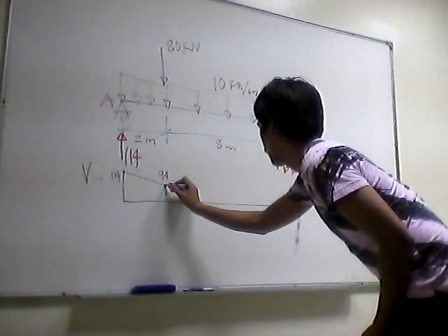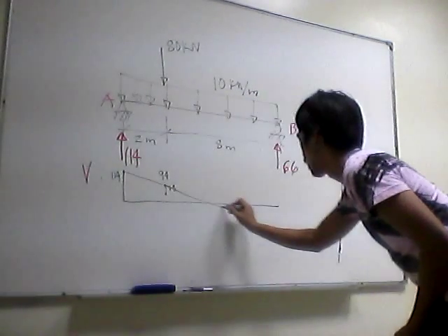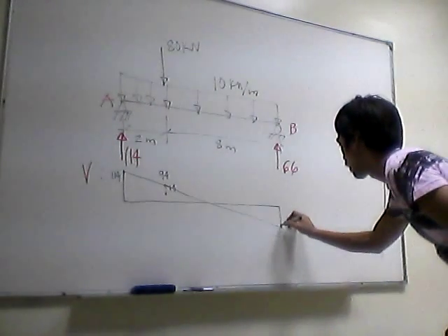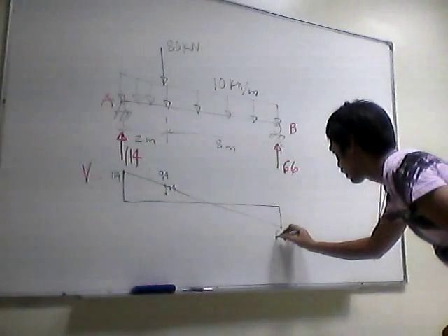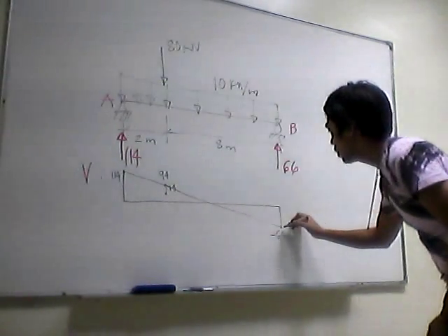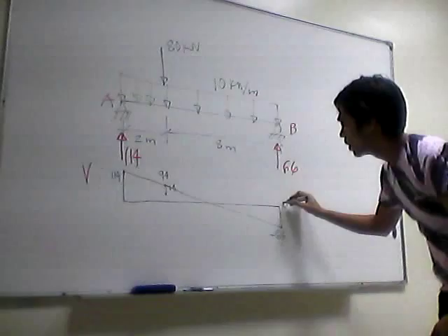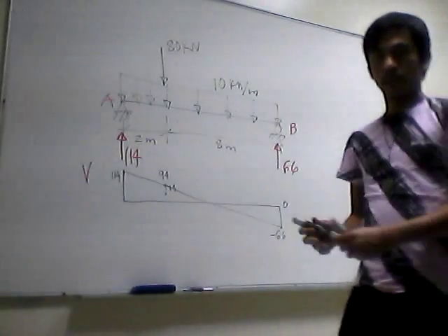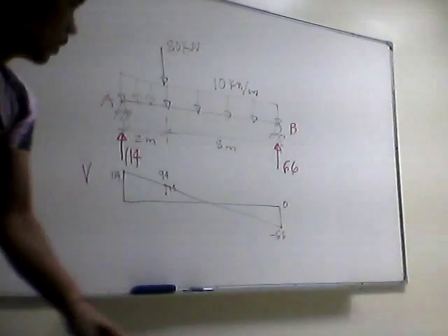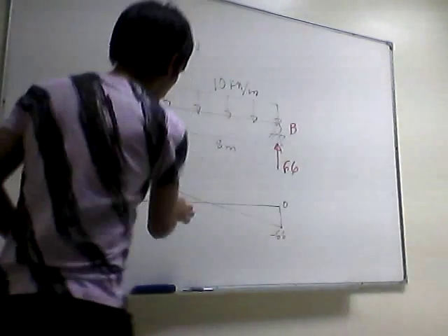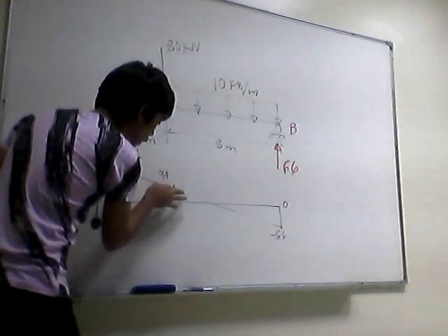So we have a triangle here. Negative 66 plus 66, that is 0.